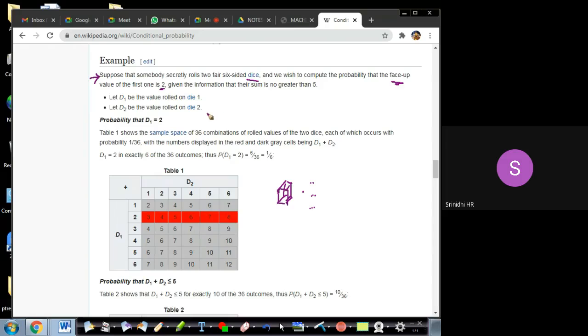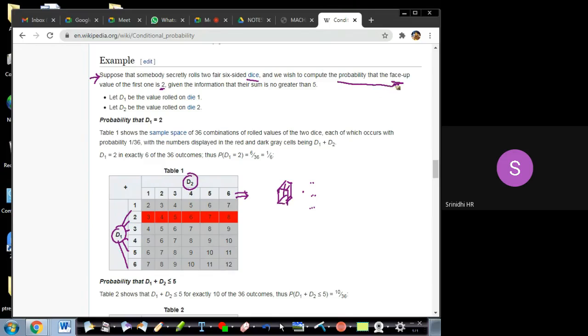Here we have d1, the first die, and d2. How many faces does d1 have? It has 6 faces. d2 also has 6 faces. These are all the possible combinations of d1 and of d2. So what is he asking?